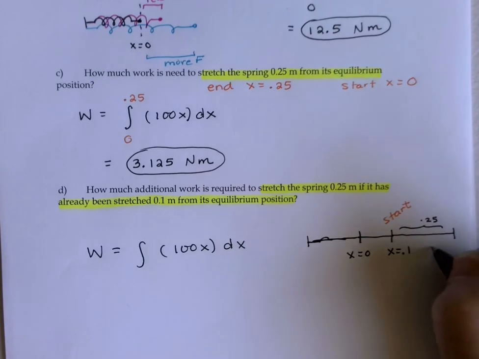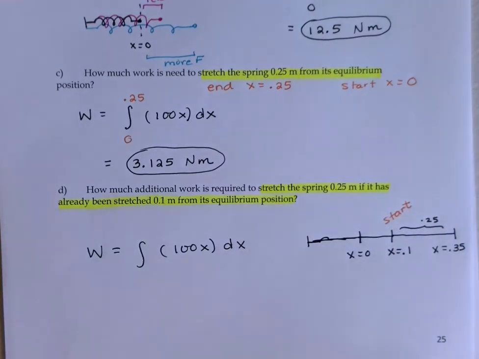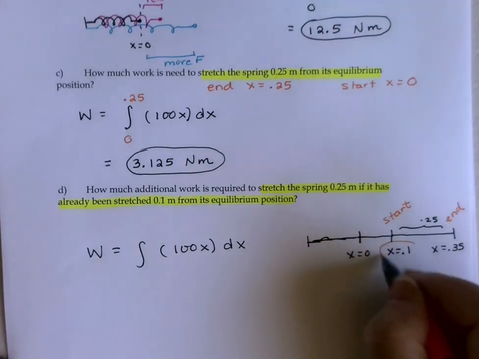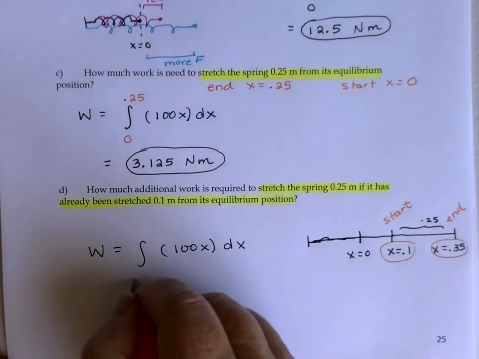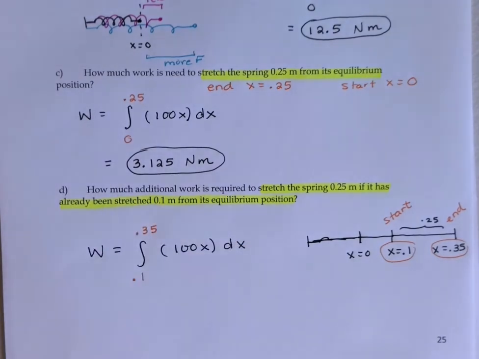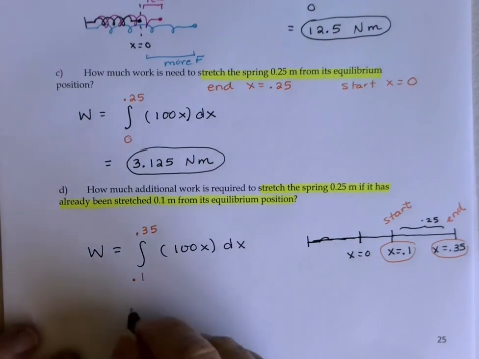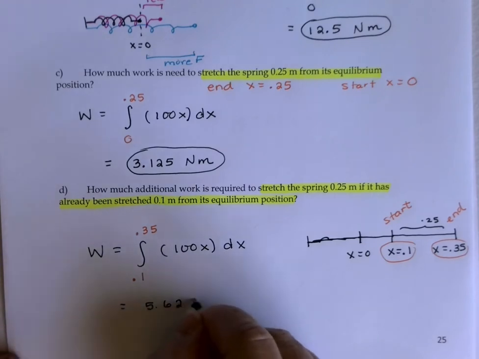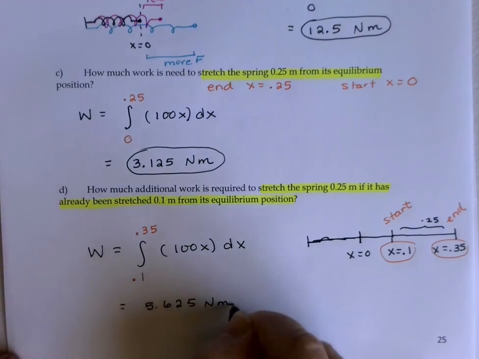So that means I'm going to end at x equals 0.35. So there are my limits of integration for this problem. And when I plug that one in, I got 5.625 Newton meters.